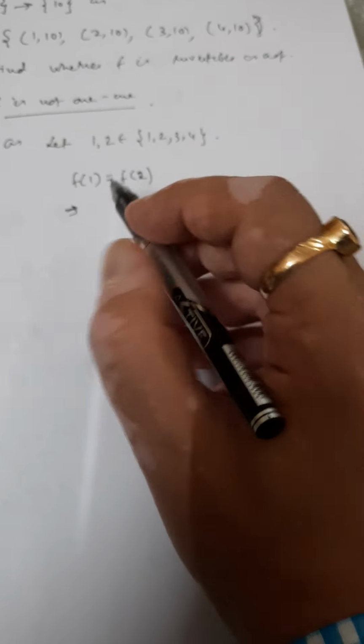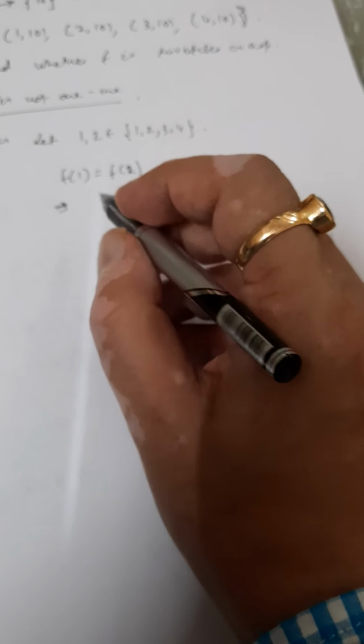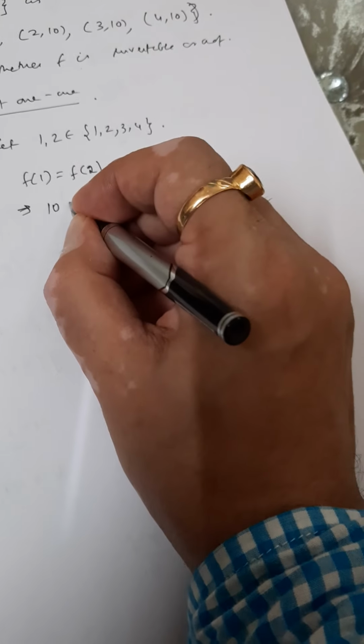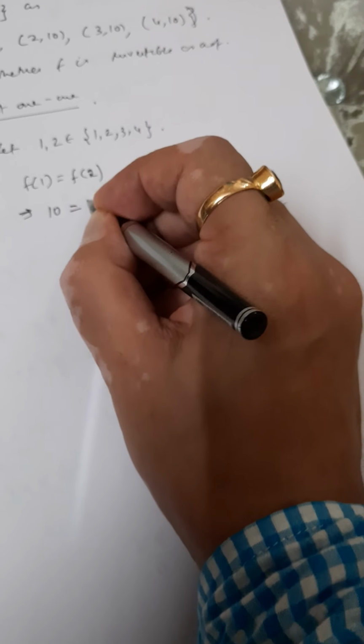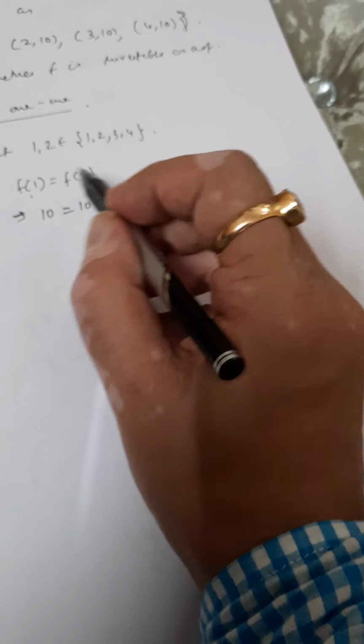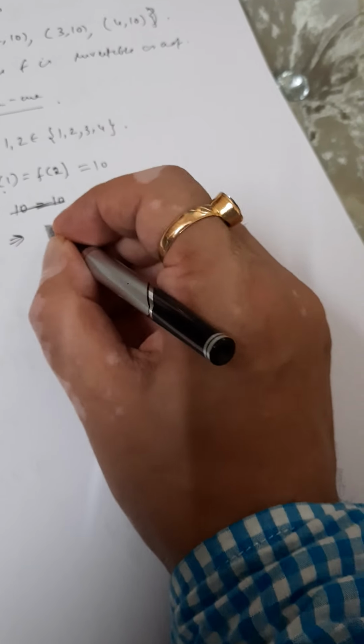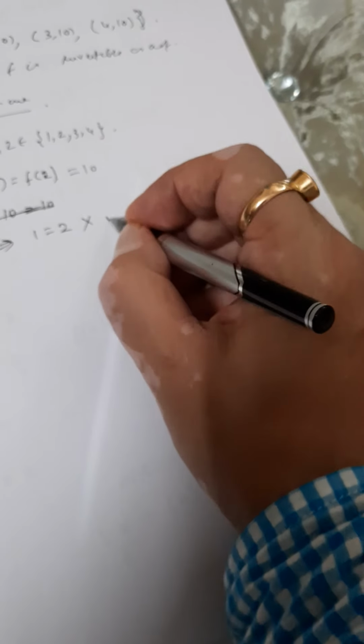Now what is f of 1? It's 10. What is f of 2? It's 10. Now f(1) equals f(2) equals 10 means 1 is equal to 2. This is not possible.